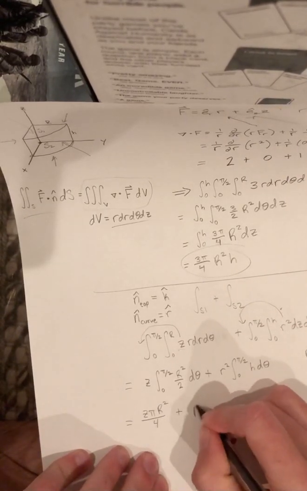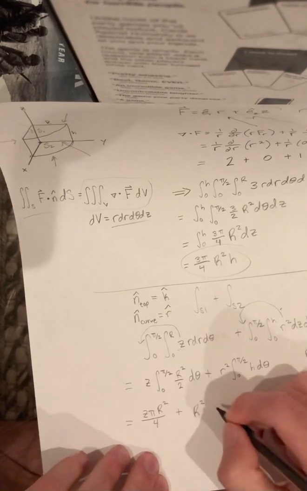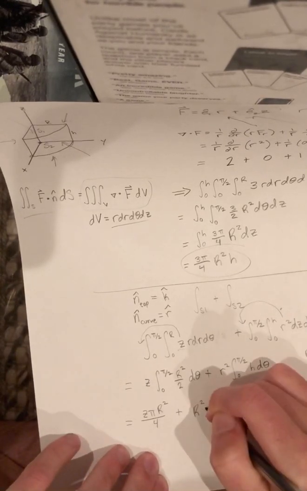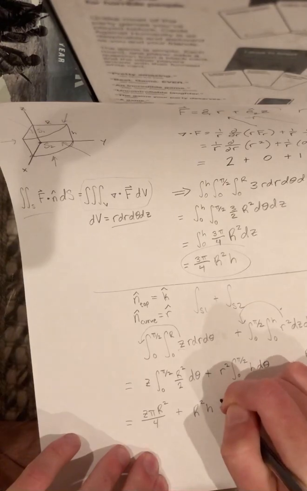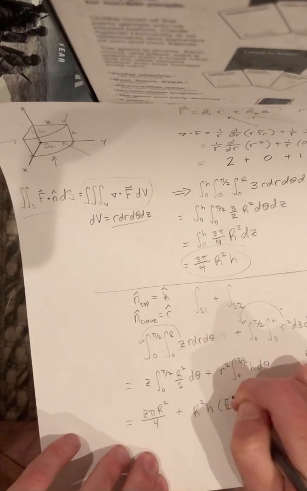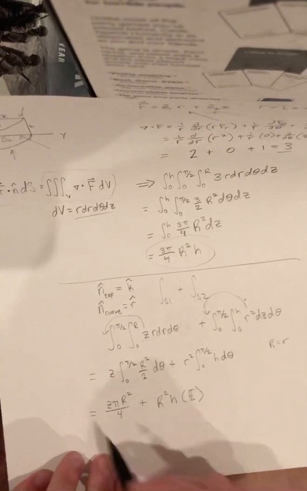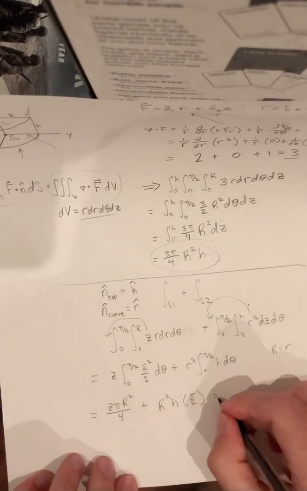So it's going to be r squared h pi over 2.